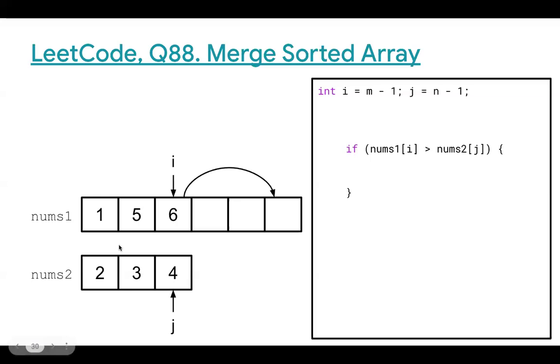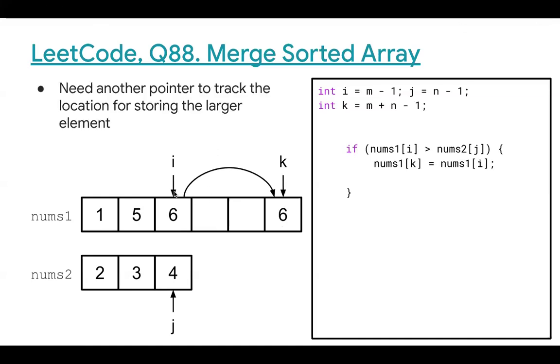because nums1 and nums2 are sorted, right? So we know we should place 6 at the very end of the first array. So in this case, we should place 6 at the very end of the first array, right?